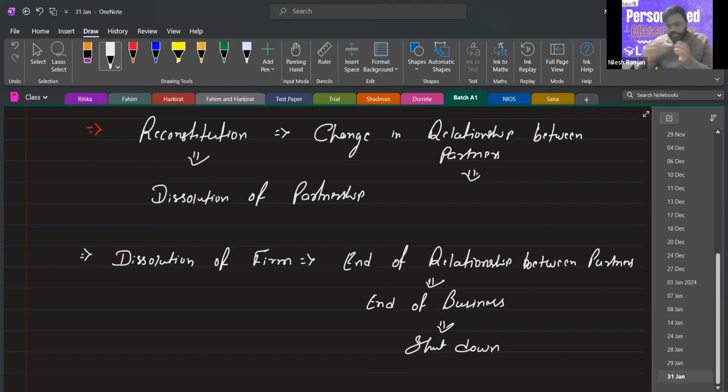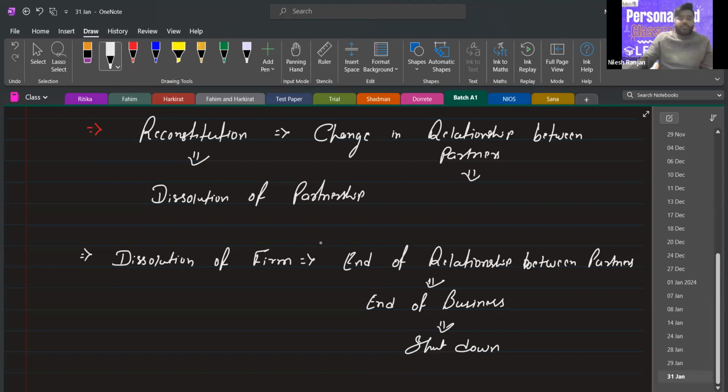Sometimes it is asked in a short answer type question: What is the difference between dissolution of partnership and dissolution of partnership firm? So you can write: dissolution of partnership means a change in relationship between partners, and there is no effect on the existence of the business. But in dissolution of firm, the relationship between partners ends and it is a shut down of business. So the business does not exist. Okay, so this is the difference.